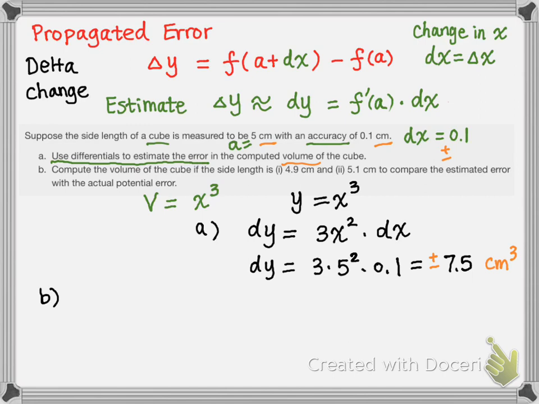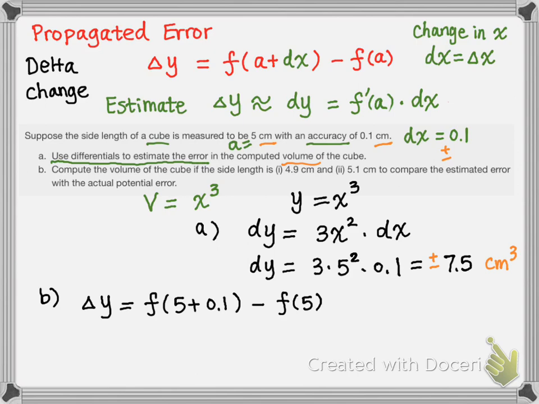By definition, delta of y equals the volume at A, so 5, plus dx, 0.1, and you subtract f of 5.